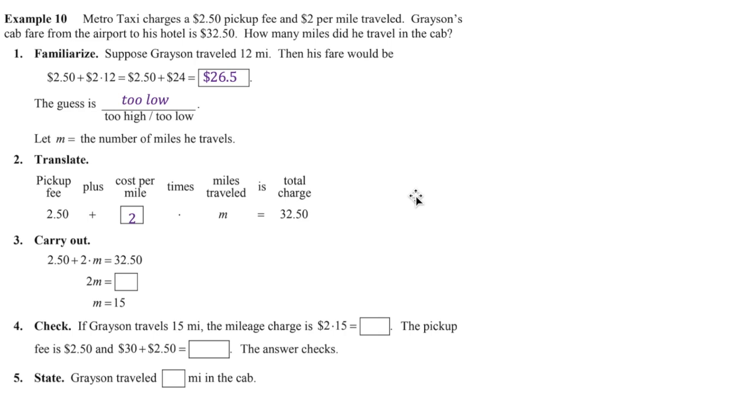Let's subtract $2.50 from both sides so that we have 2m equal to 30 and divide by 2, which is 15. So if he travels 15 miles, the mileage charge is $2 times 15, which is $30. And if we add the pickup fee of $2.50, we see he spent the $32.50. The answer checks out, and so we know that he traveled 15 miles in the cab.